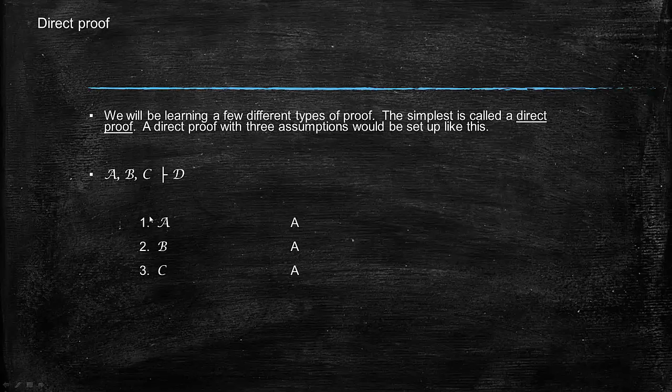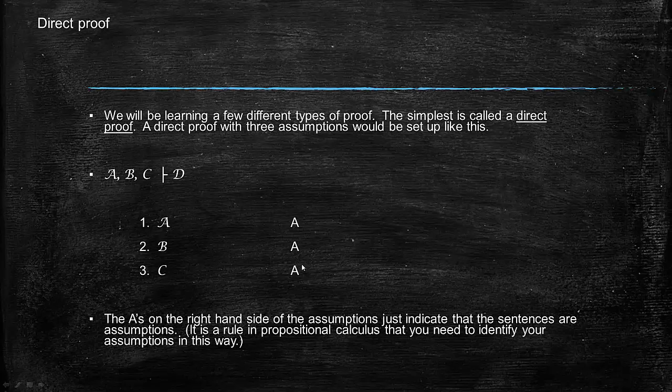And so when we set up a proof, we set it up like this. We write A on one line, numbered 1, B on the second line, numbered 2, and C on the third line, numbered 3. And we indicate that all of these are assumptions by writing an A on the side of each one.